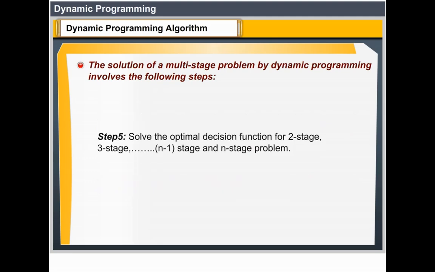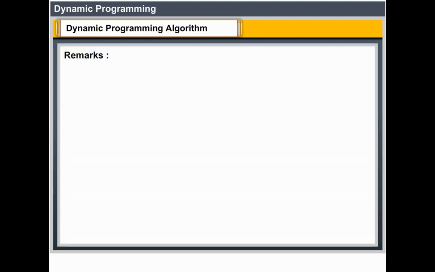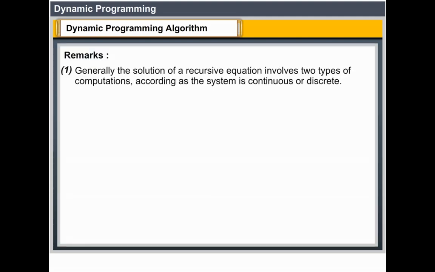Step 5. Solve for the optimal decision for 2 stage, 3 stage, etc., n minus 1 stage and n stage problem. Remarks. Number 1. Generally, the solution of a recursive equation involves two types of computations according as the system is continuous or discrete.